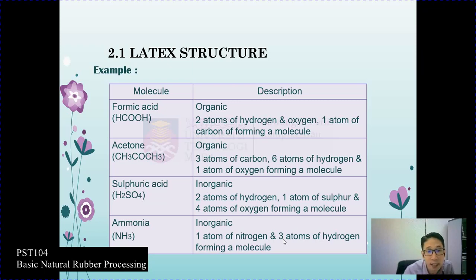Whereas for sulfuric acid and ammonia is inorganic compound because of having sulfur and 4 atoms of oxygen, and ammonia having nitrogen in their structure. So that means for any substance without carbon compound, we call it inorganic compound. Okay, so any organic compound or molecule with carbon structure, we call the organic compound.